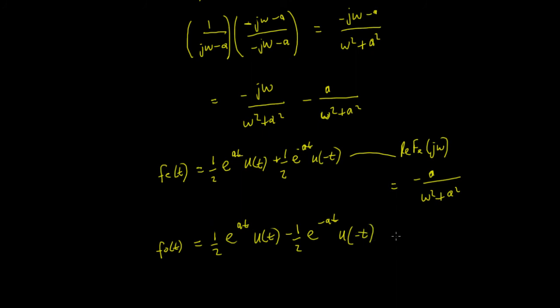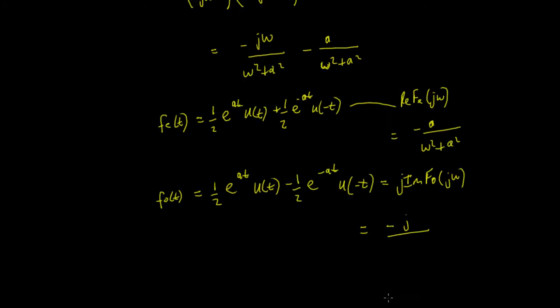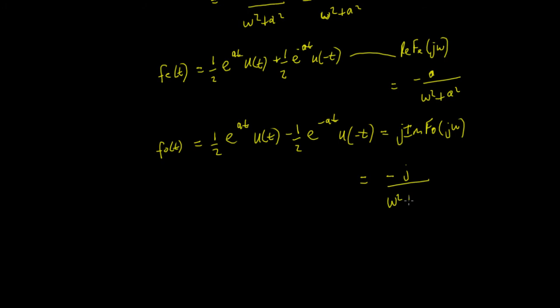Okay, and that's going to give you the imaginary part, an odd imaginary part of our function of j omega, and that's going to be this part here, so it's minus j upon omega squared plus a squared.